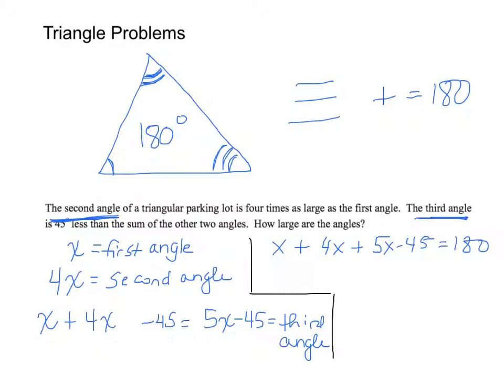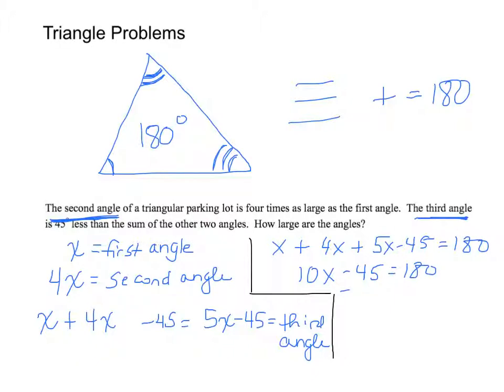And now I've got my equation. So I combine like terms. x, 4x, and 5x is what? 10x minus 45 equals 180.